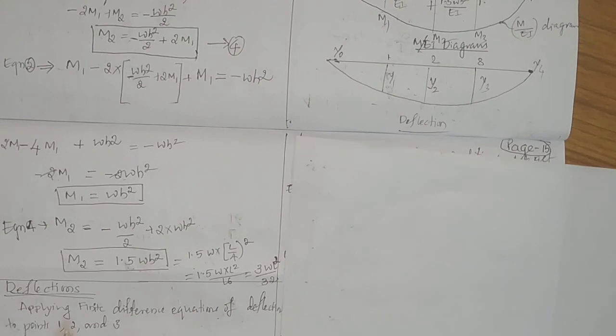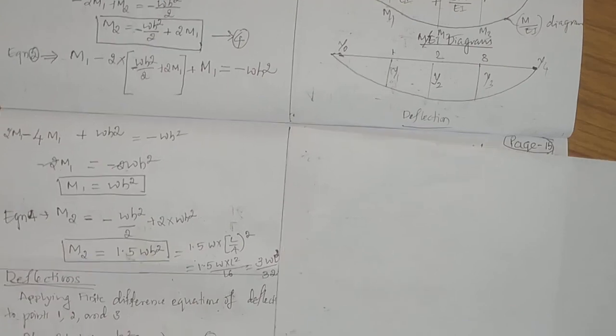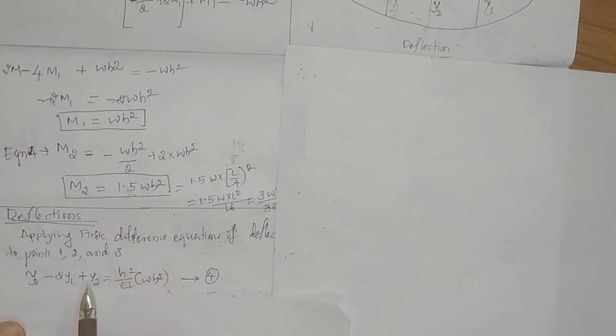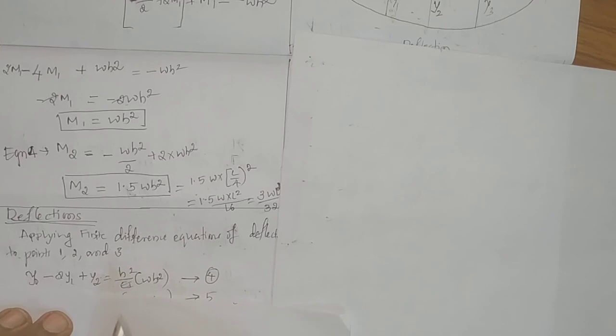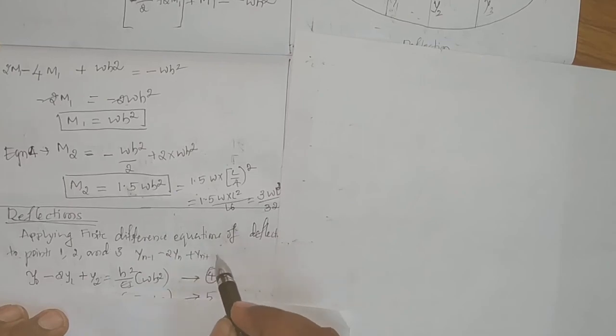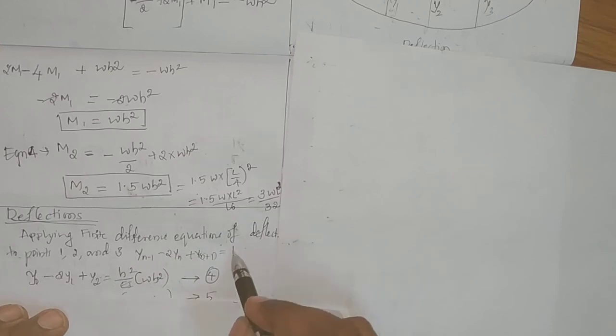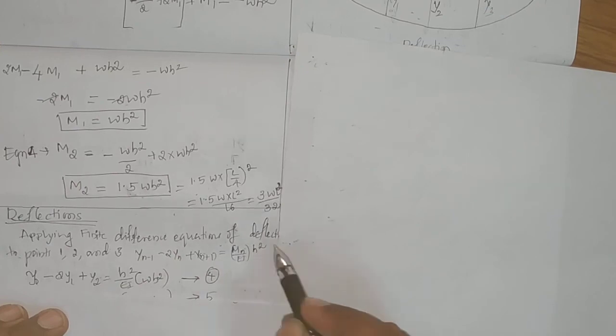Now applying finite difference over here at point number 1, 1 minus 1 is 0, and 1 plus 1 is 2, therefore y0 minus 2y1 plus y2, which is equal to, what is the equation, yn minus 1 minus 2yn plus yn plus 1 is equal to the equation mn by EI into h square. Okay, that is the equation, right?